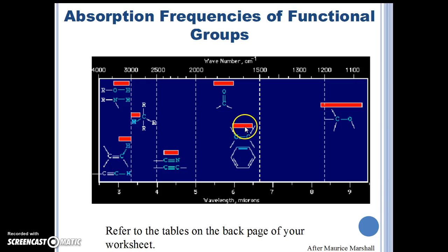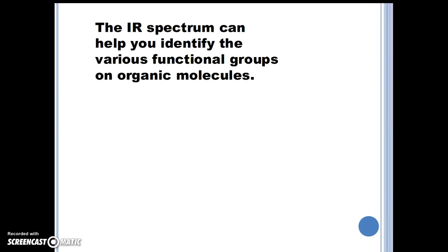That's again going to be a lower wave number. Here we have the carbon-to-oxygen single bond that we find, for instance, in things like esters. And your worksheet has tables showing you even more associations like this.